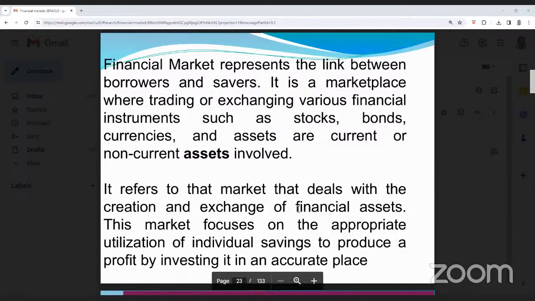It also refers to the market that deals with the creation and exchange of financial assets. This market focuses on the appropriate utilization of individual savings. So what is happening here? They want to deal with the market and they are creating the exchange of financial assets.